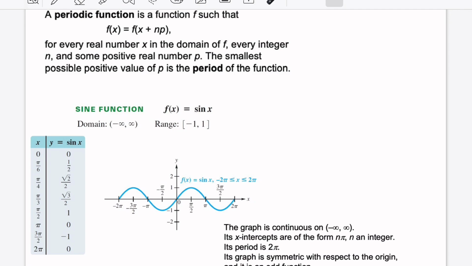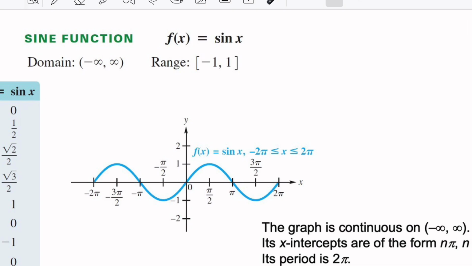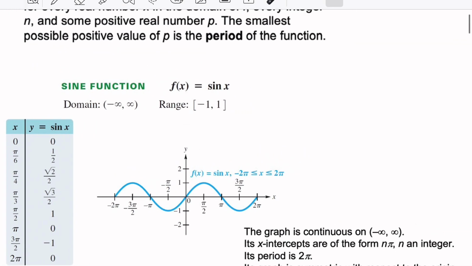So the graph is continuous on its domain. The x-intercepts are of the form n pi, so it's a multiple of pi here, and we can see that that's the case because our graph intersects our x-axis at -2 pi, -pi, 0, pi, and 2 pi. The graph is also symmetric with respect to the origin, and it's an odd function.